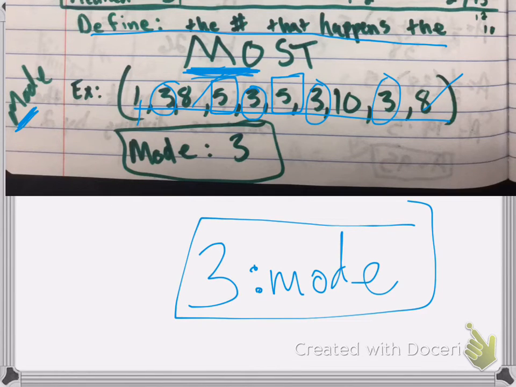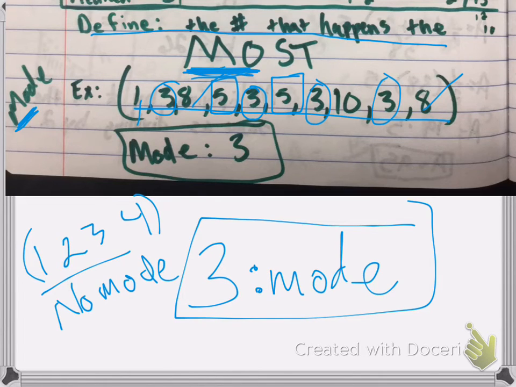Is it possible not to have a mode? Yes. If all your numbers happen one time, there's not a mode. So if I had a set of data where it was 1, 2, 3, 4, this set of data, no mode. Is it possible to have a set of data where you have more than one mode? Yes, there is.